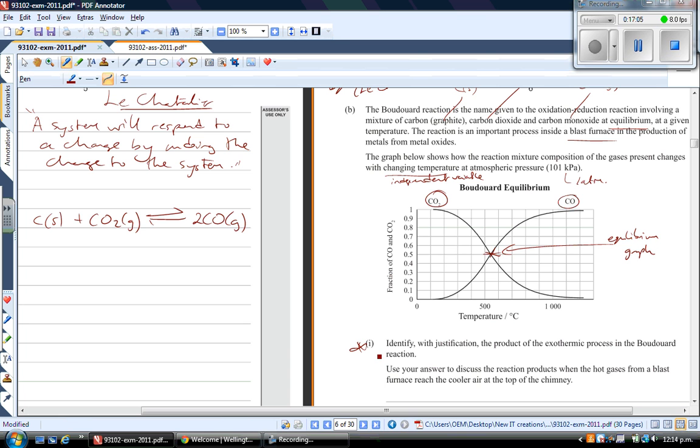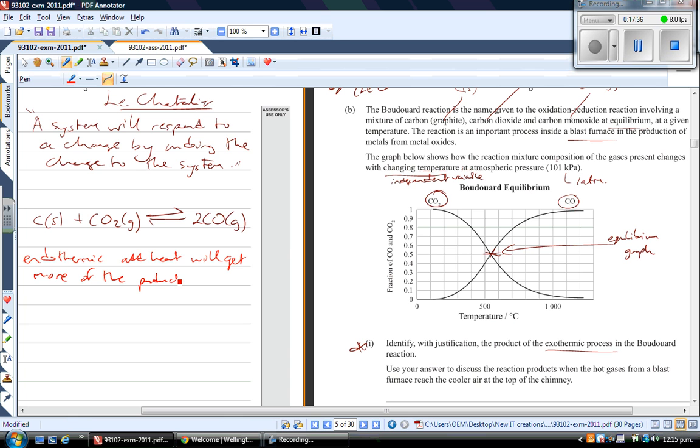So it's an exothermic process, so we look for the species which is going to be present. If we look at our graph now, an endothermic process, by definition, you put in heat, so you add heat, and you will get more of the product species.